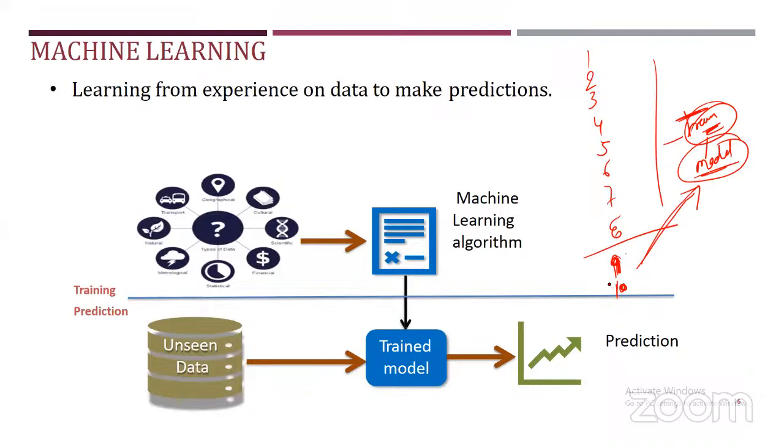Because the actual task is not to create a model for a case for which we already have information. We want to prepare the model for a case for which we do not have much information, right? That is the case.